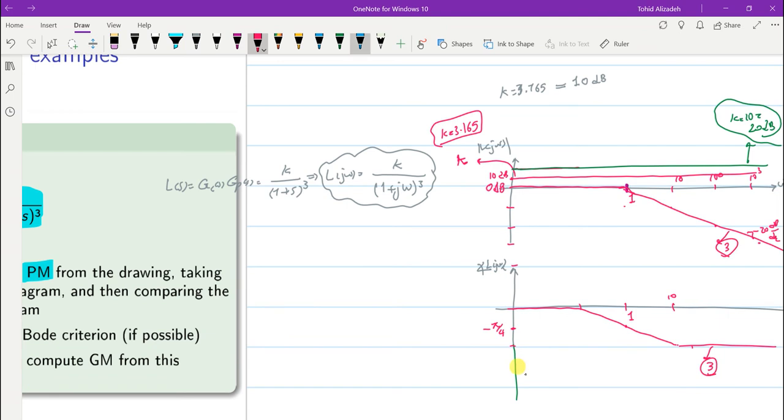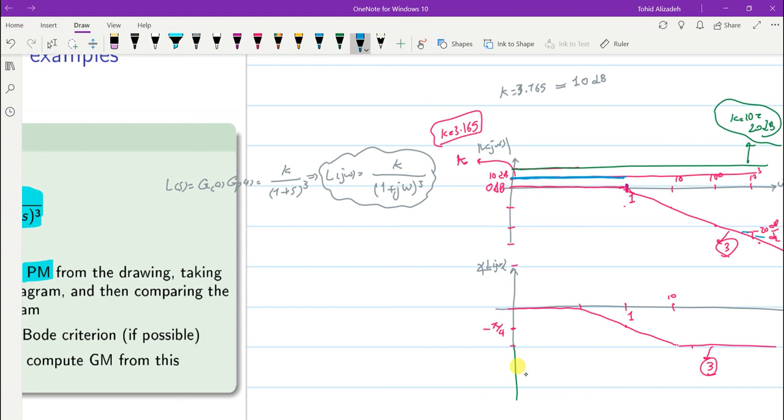Now the overall Bode plot that we will get will be for K equal to 3.165 in terms of the amplitude. We will have approximately this. So till omega equal to 1 we will have 10 decibel. After that we will indeed have minus 60 decibel per decade for the slope, because we have 3 terms with minus 20.